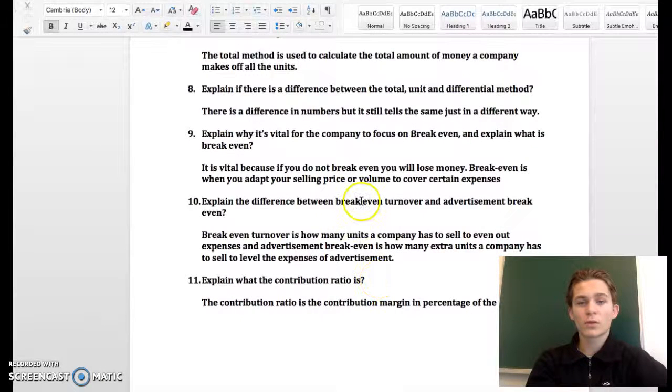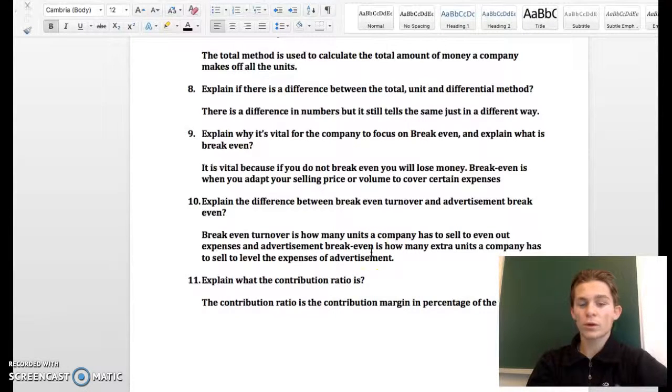And then the difference between break-even turnover and advertisement break-even. Break-even turnover is how many units a company has to sell to even out expenses, so they can adapt their sales volume to make sure that they are able to cover the expenses. And for advertisement, it is advertisement break-even.